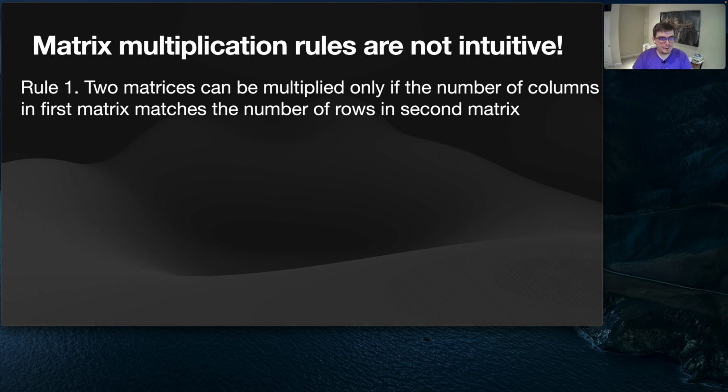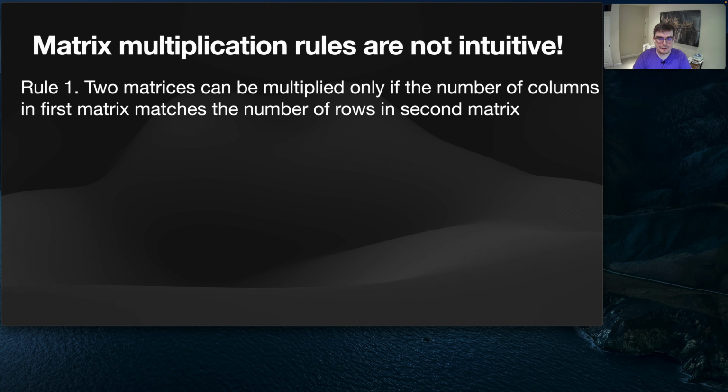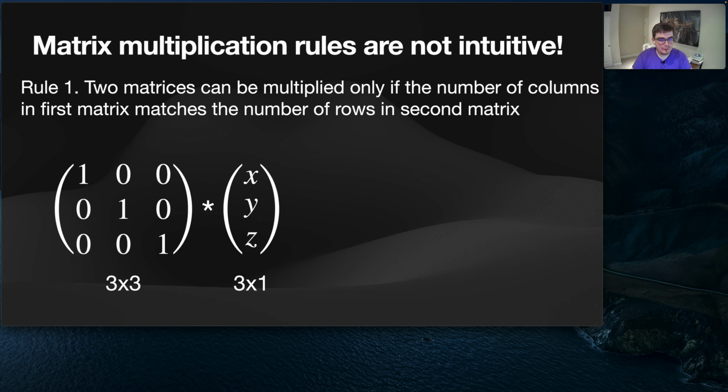So let's get into the stuff. First of all, two matrices can only be multiplied if the number of columns in the first matrix matches the number of rows in the second matrix. So what does that mean? For example, in our earlier example, we are multiplying two matrices.